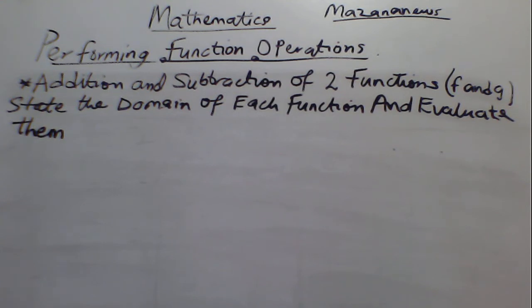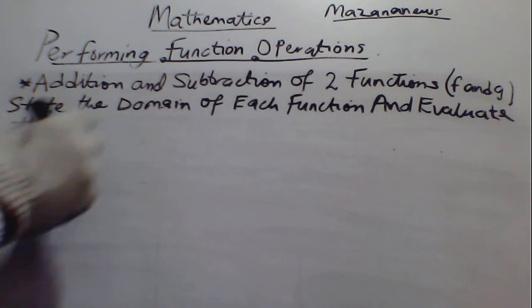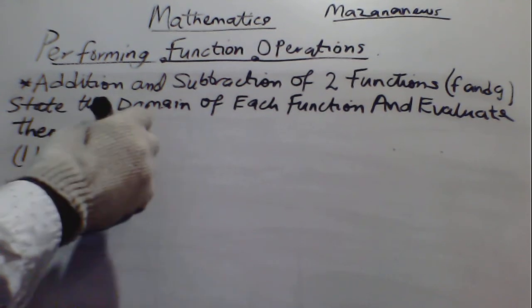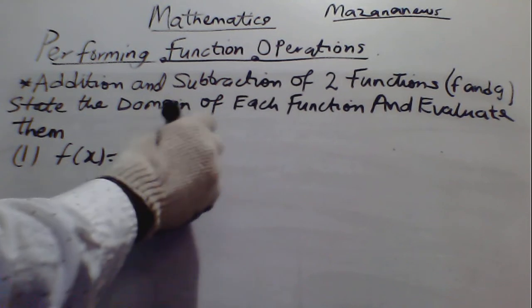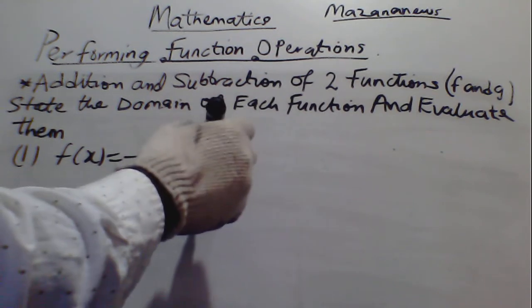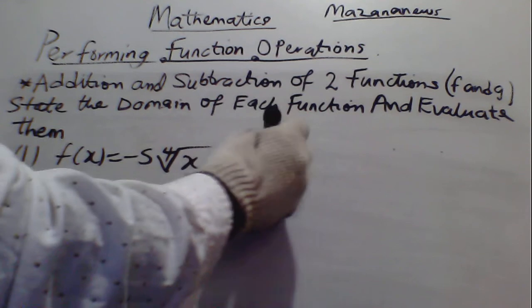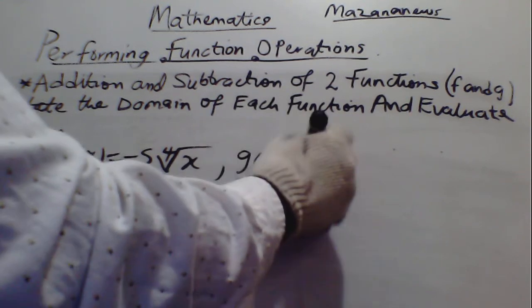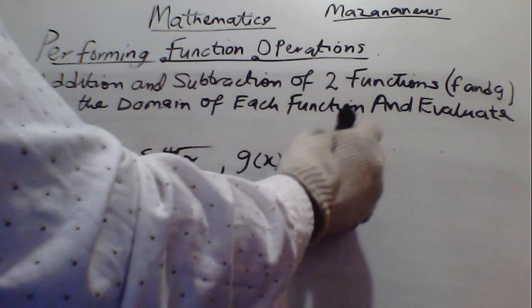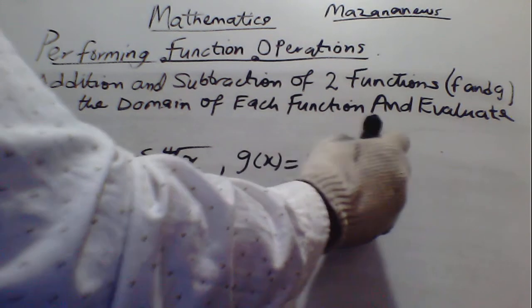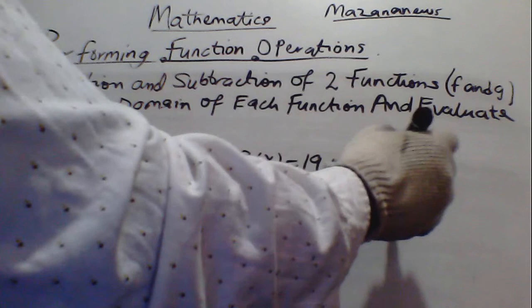So the first example, let's go for the first example. f of x is equal to minus 5 times the 40th root of x, and then you are given g of x is equal to 19 times the 40th root of x, when x is equal to 16.